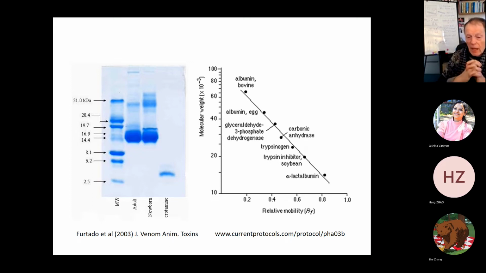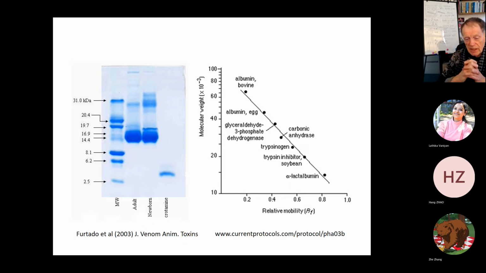And also, if you have a multi-subunit protein in which the subunits are non-covalently linked together, for example, hemoglobin is a tetramer. Now, the molecular weight of a hemoglobin tetramer is about 64,000. But if you measure the molecular weight of hemoglobin with SDS-PAGE, you get a value of about 16,000.